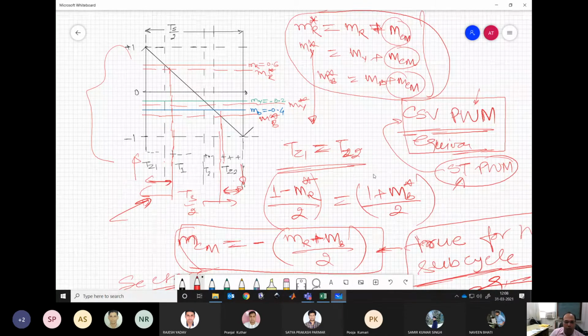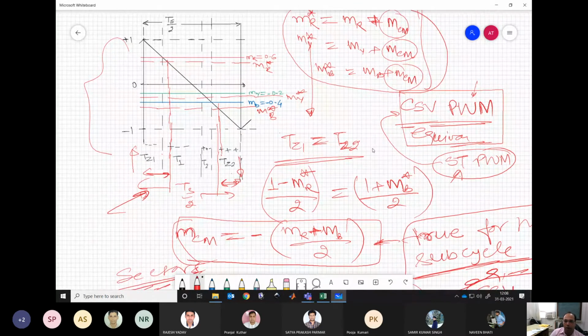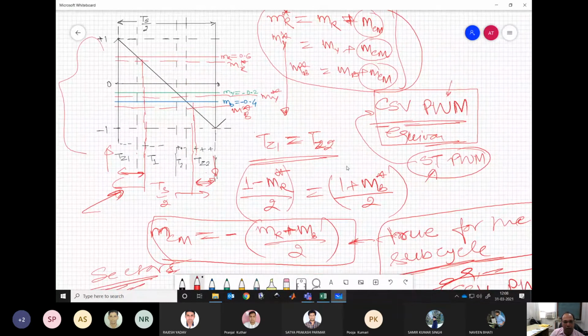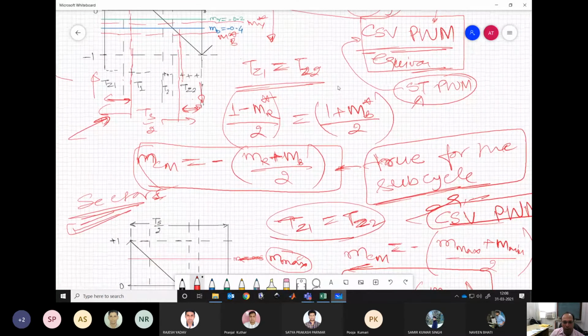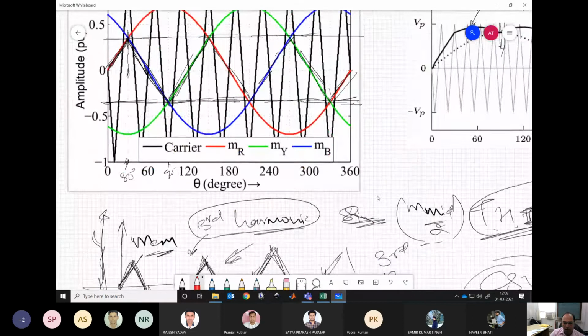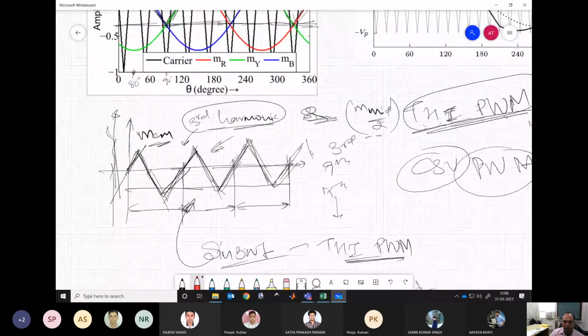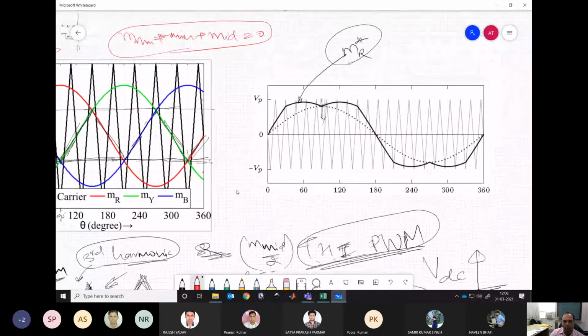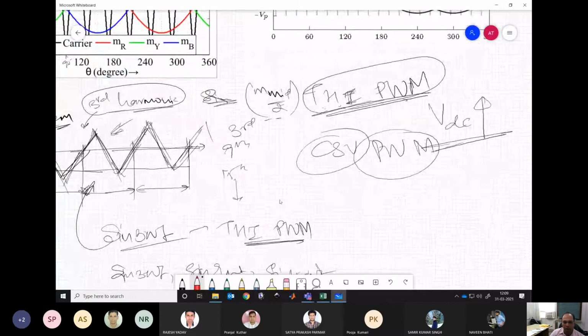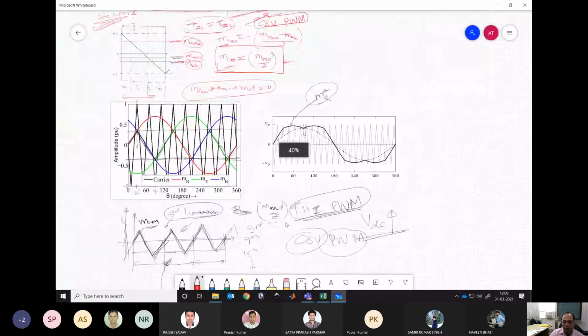When I say perform, there are two things to keep in mind: one is DC bus utilization, and the second is the current ripple performance. After adding this common mode, we computed that the two PWMs perform very similar. The modified modulating signal is not sinusoidal now. It is some different shape, and because the peak is dragged below the maximum value, we have more DC bus utilization. This we have seen.